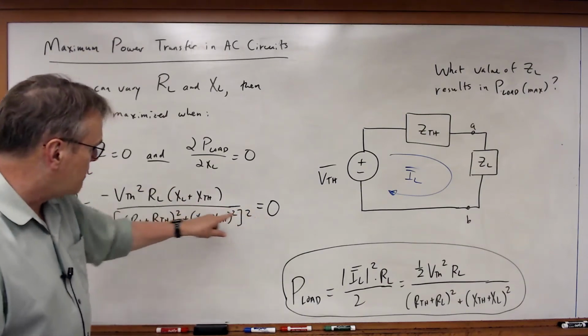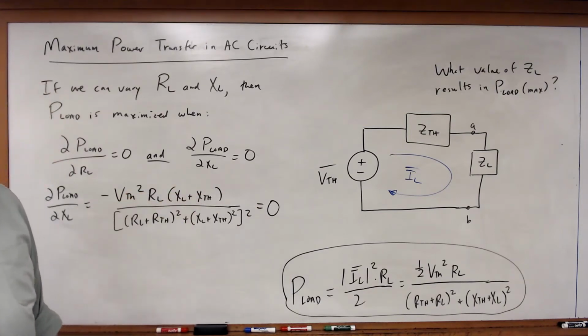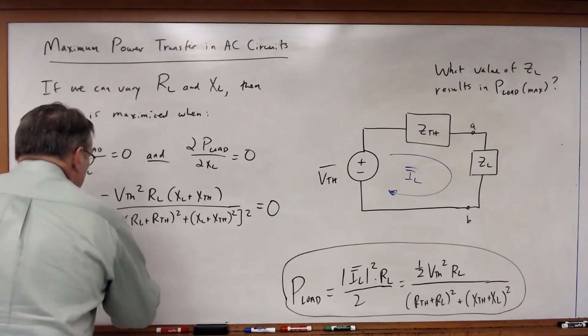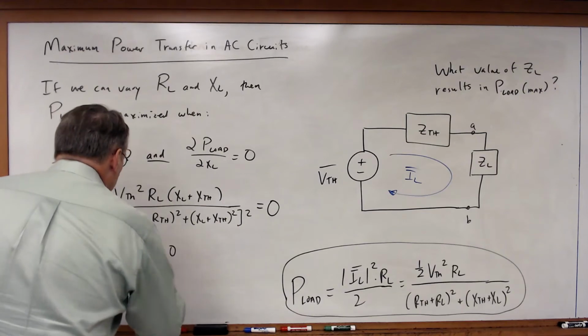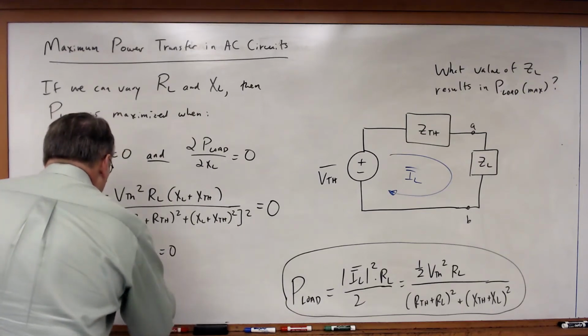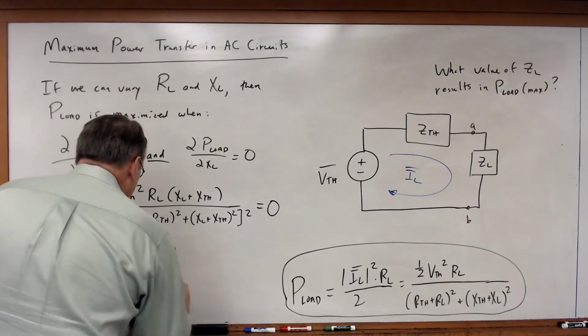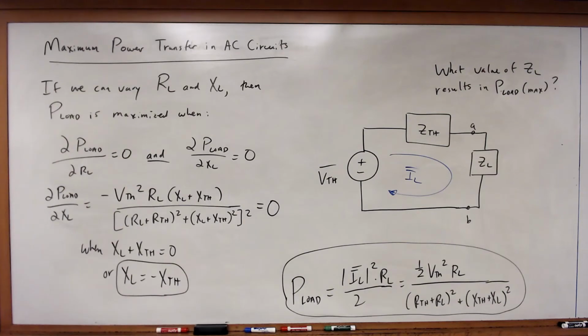And you know how I can do that? By setting XL plus XTH equal to 0. So this is equal to 0 when XL plus XTH is equal to 0, or XL is equal to minus XTH. So that's the first part of my requirement.